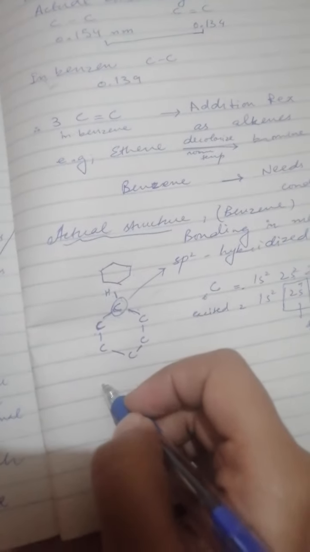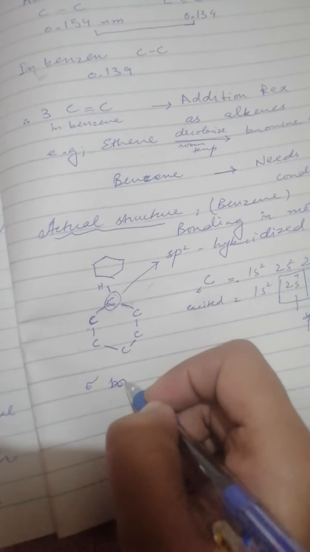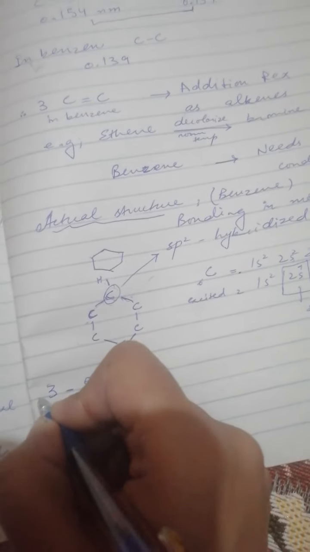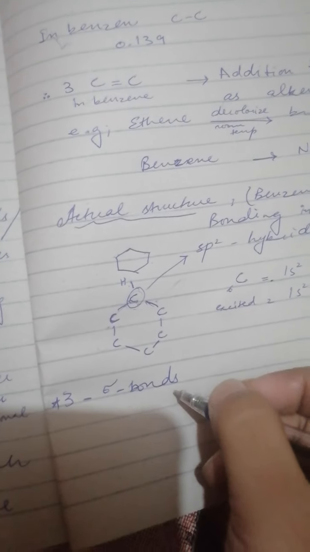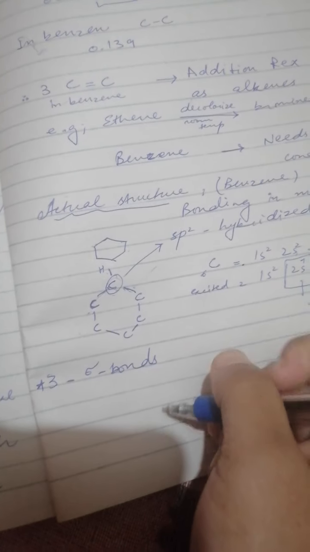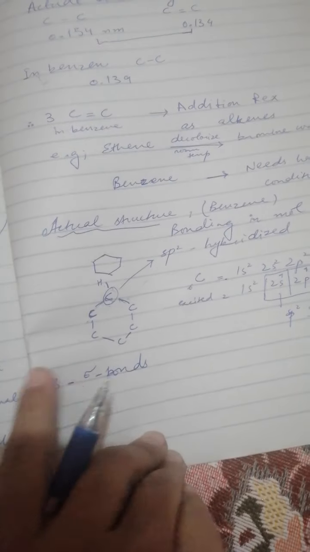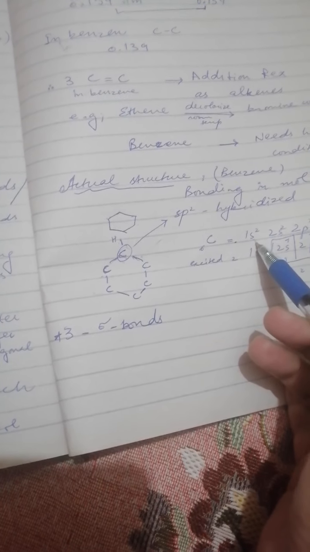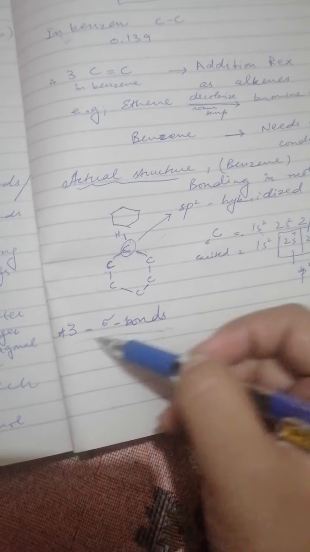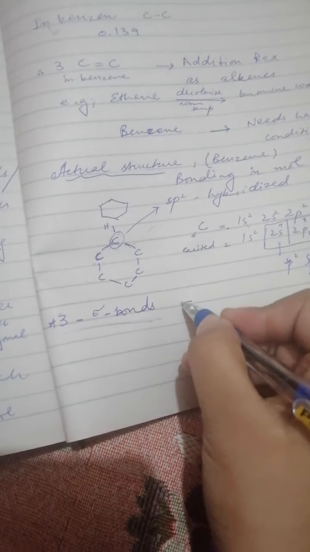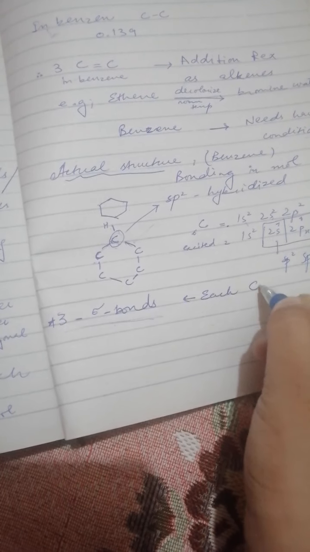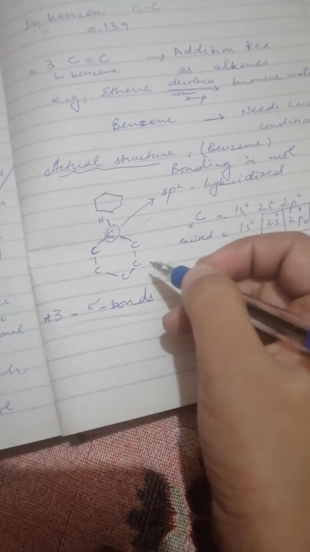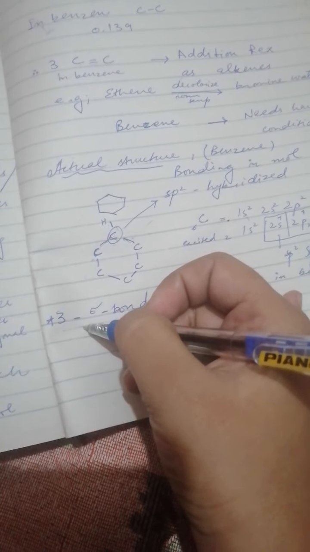These three form sigma bonds. So each carbon atom with sp2 hybridized atomic orbitals forms three sigma bonds.